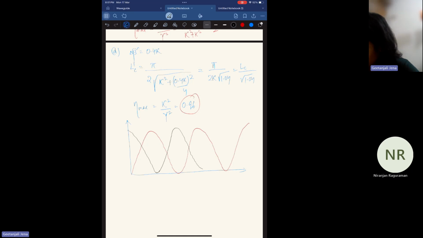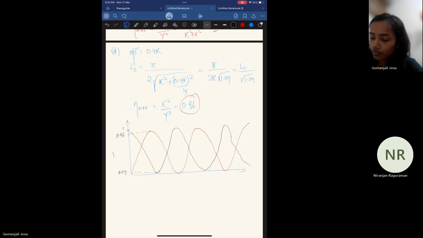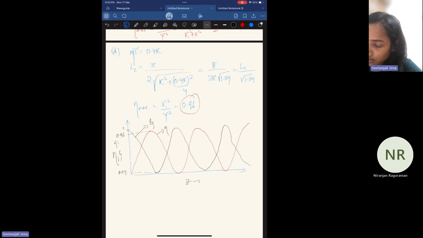So it won't become 0 now. Okay. So this is 1, this is 0.96, and this value is 4%, 0.04. So this is eta, this is zeta.